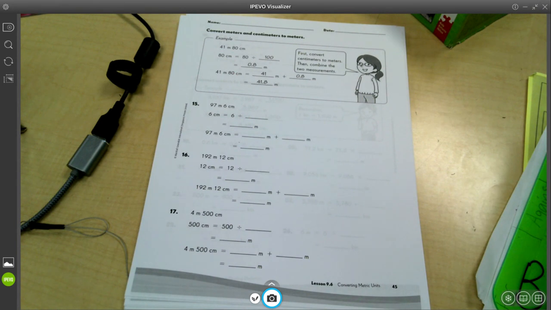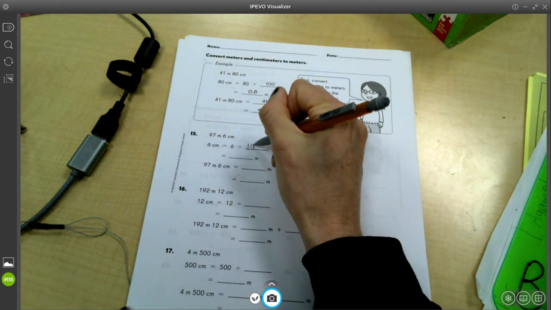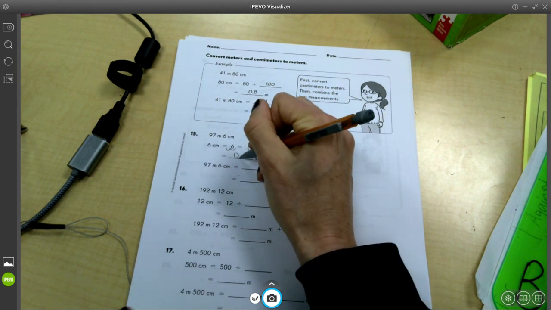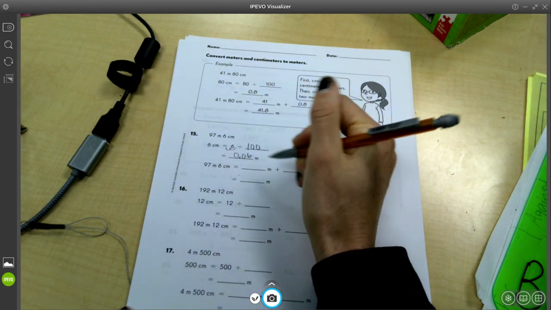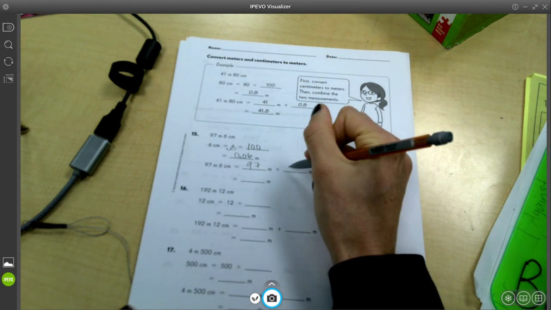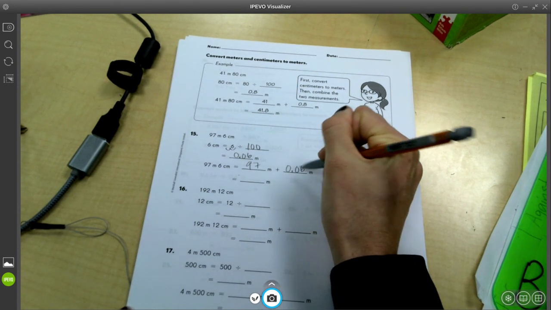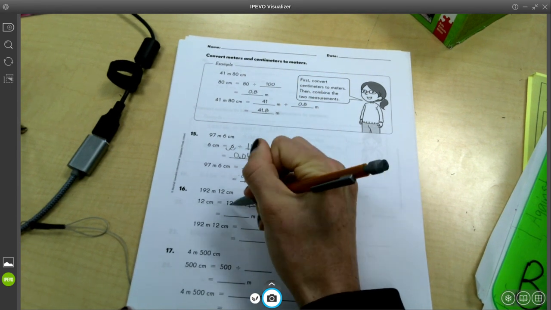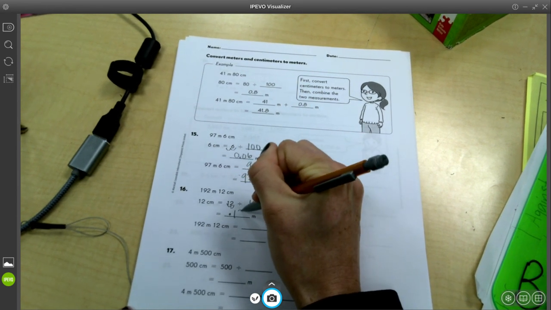All right, now we're going backwards, so we're dividing by 100. So 6 centimeters is 6/100ths of a meter. Divided by 100, 1, 2.